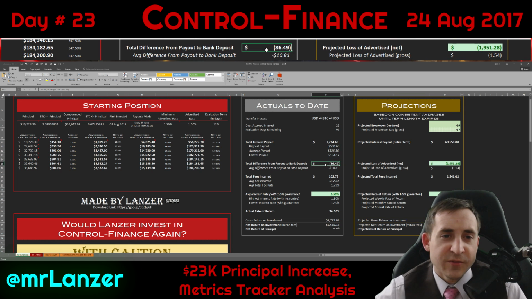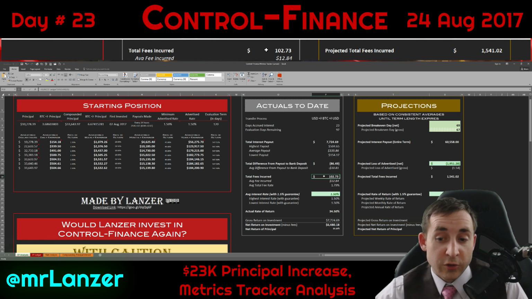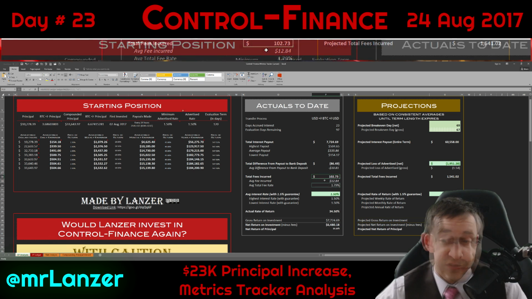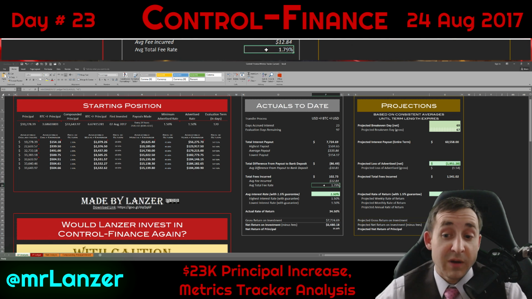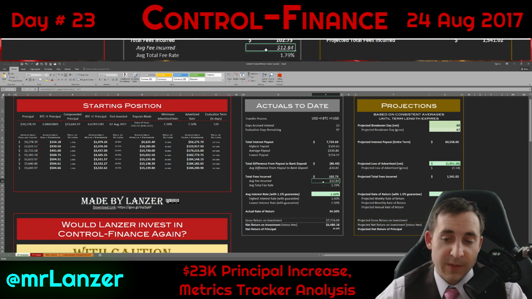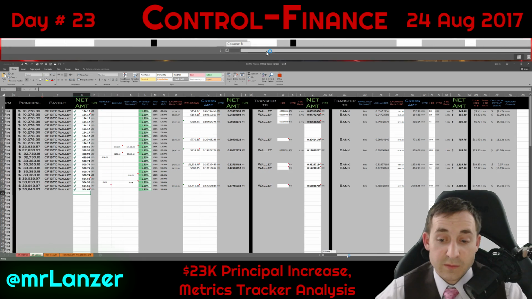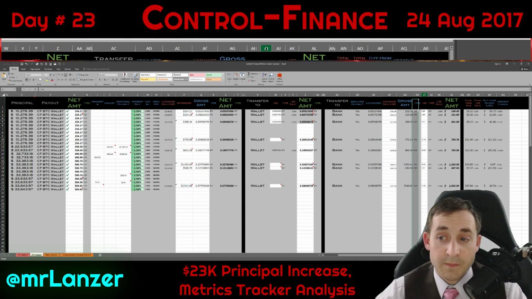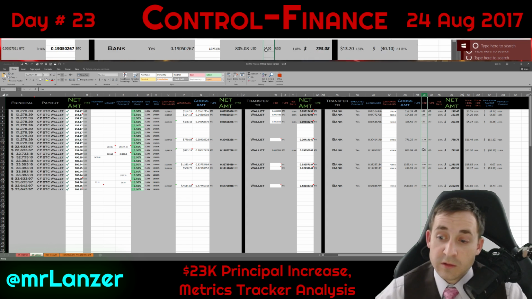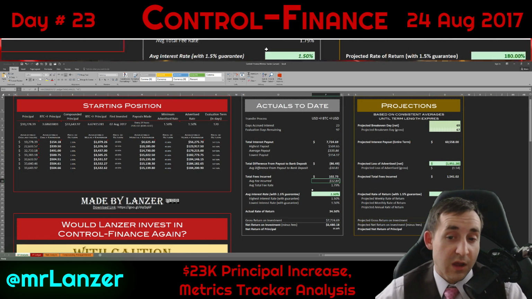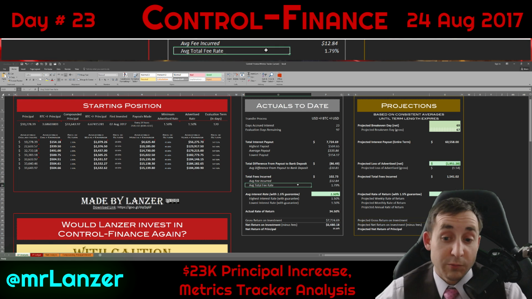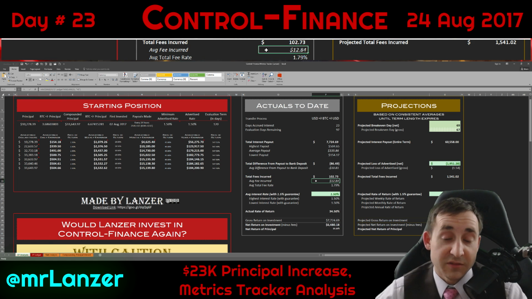The difference between payout and bank account deposit so far has been $86, not in my favor. Total fees incurred from start to finish is $102, which is 1.79% of my total payout earned, and the average fee per transaction is $12. Just like in BitConnect, most of these fees come from my external wallet, but because that is what it takes for me to put it into my bank account, I count that as the cost of doing business.